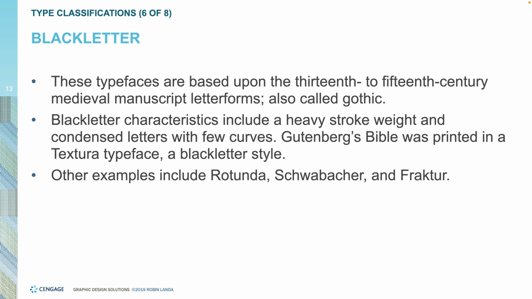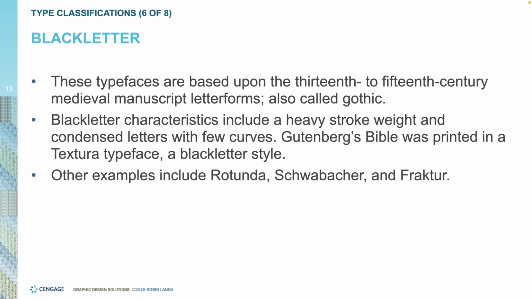These are really heavy stroke weights, usually with condensed letters with few curves. The other thing you're going to see inside of here is sometimes there are additional flourishes and embellishments to the text. We go back to Gutenberg's Bible, the 42-line Bible.